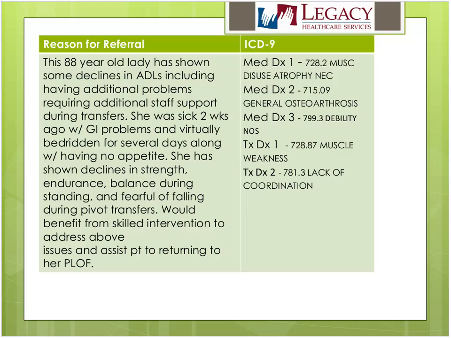Debility is a pretty vague diagnosis, but it would be okay because we have stronger diagnoses on the list. It's not something that really accurately describes the intervention that we're providing. We're absolutely going to treat muscle weakness as well as lack of coordination.